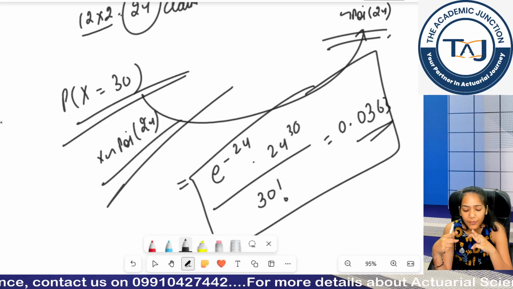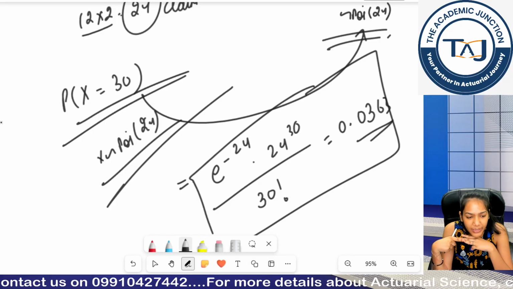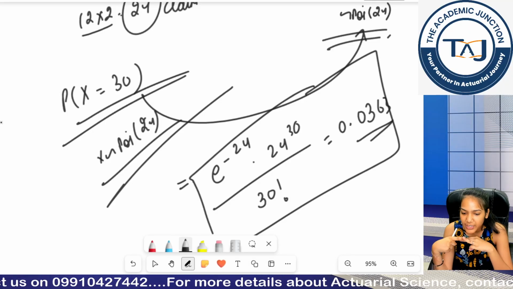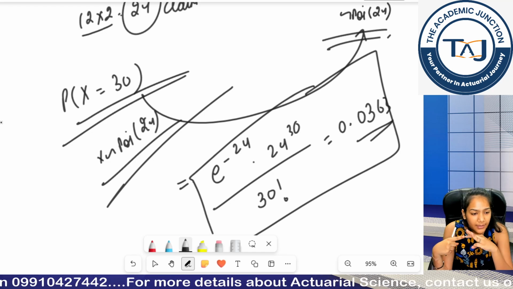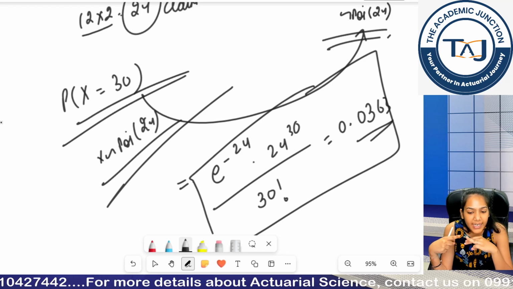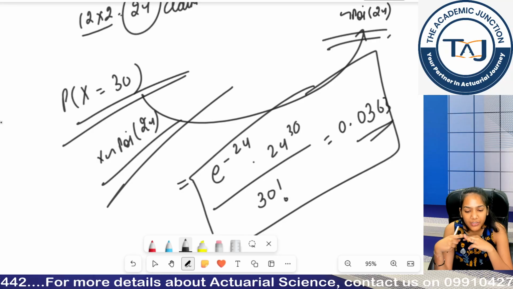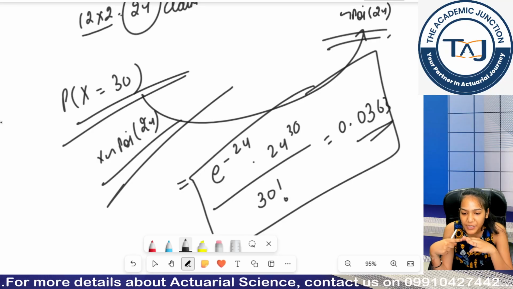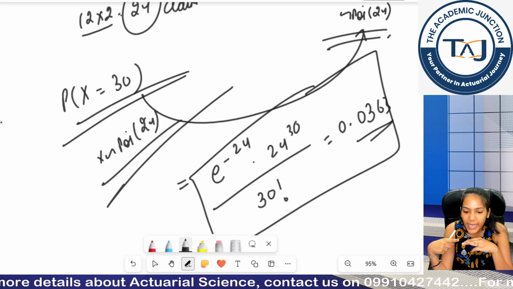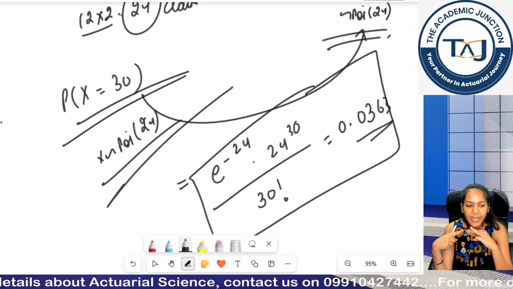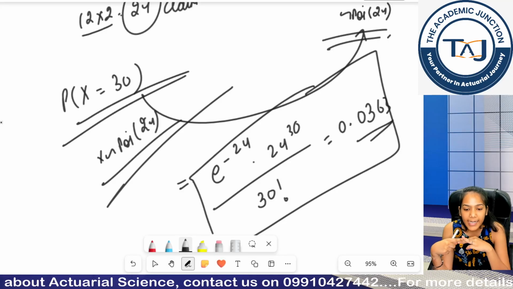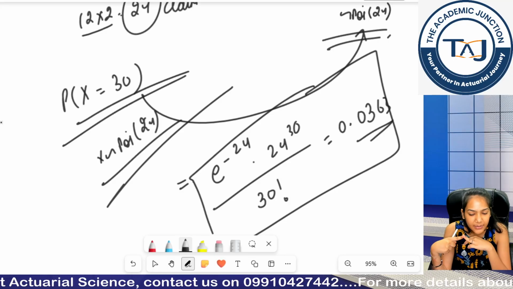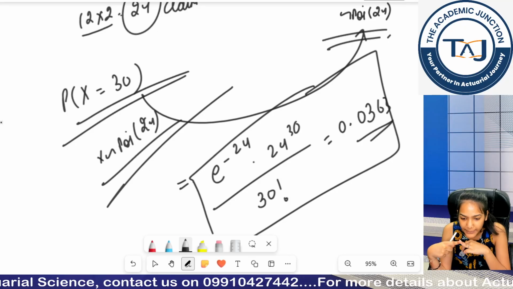Clear? Moving forward to the next distribution, we defined the geometric distribution, which was a special case of the negative binomial distribution. In the geometric distribution, I was talking about my first success. I was doing x number of trials, where x was the number of trials, and I get my first success at the xth trial only.